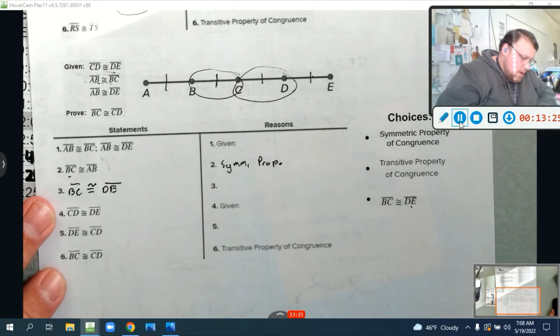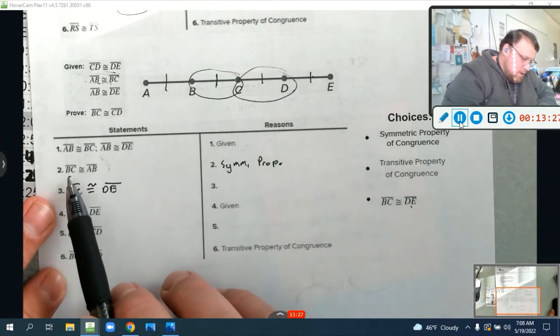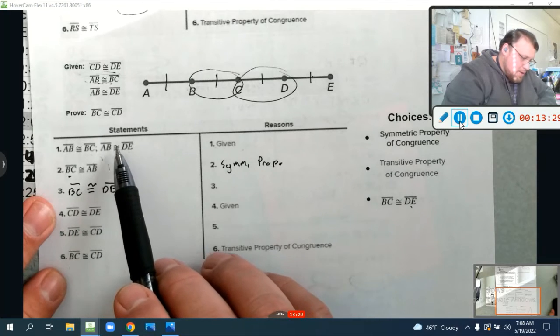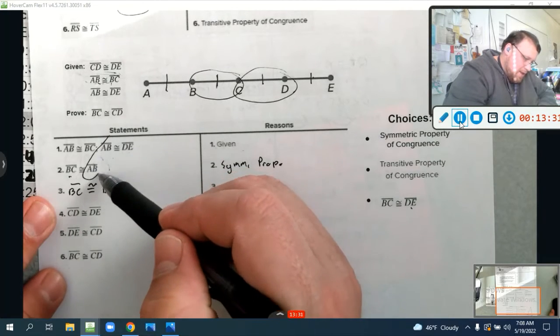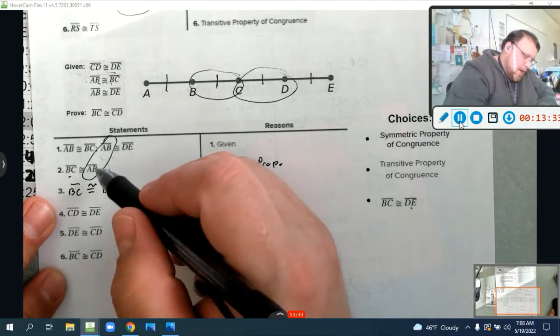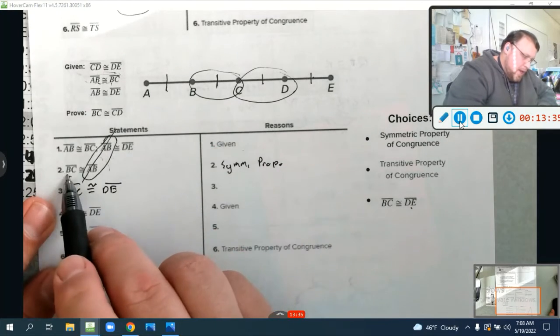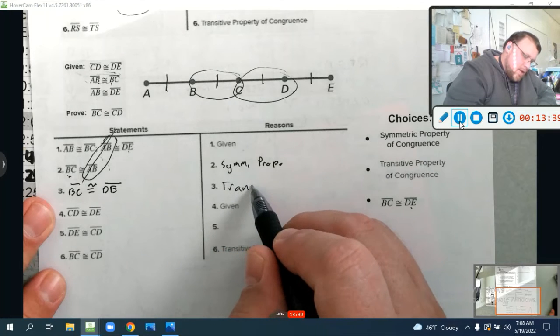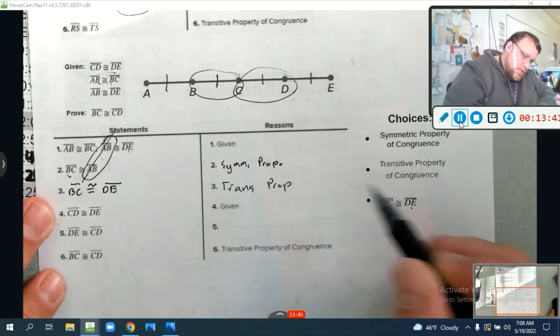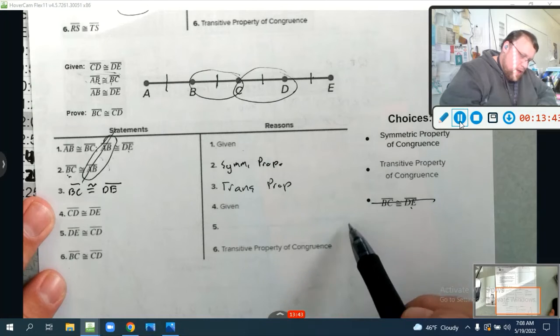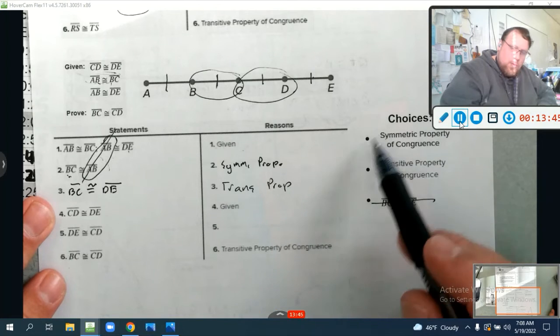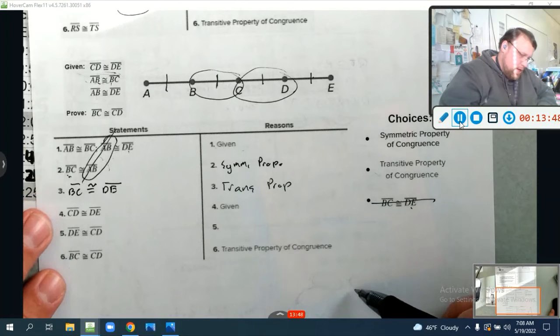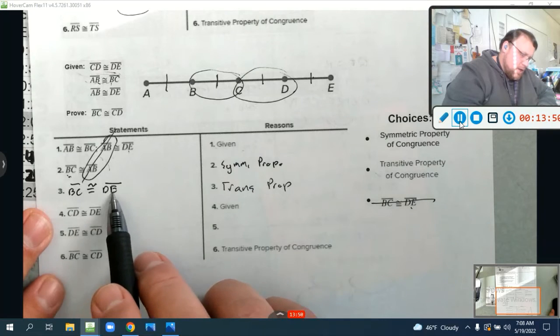So if BC is congruent to AB and AB is congruent to DE, right? Look at that. Boom. We follow that pathway, we cut out the middleman, and we say BC is congruent to DE, and that is the transitive property, which we see as another one of our choices here, which I haven't crossed out because I've got to use one of these twice, and we'll see which one it is. So now I know BC is congruent to DE.